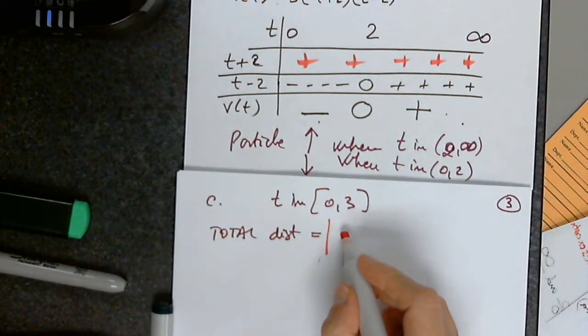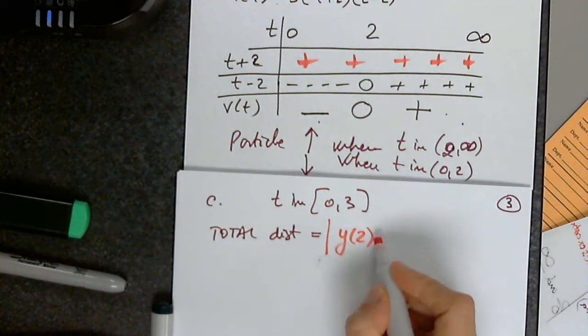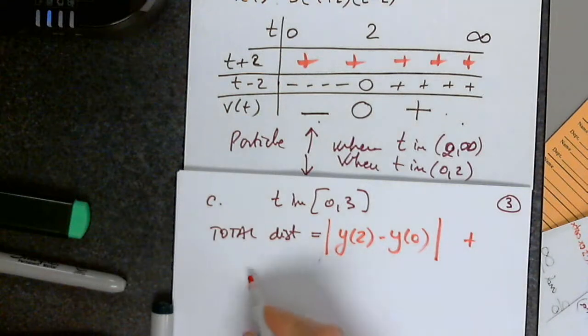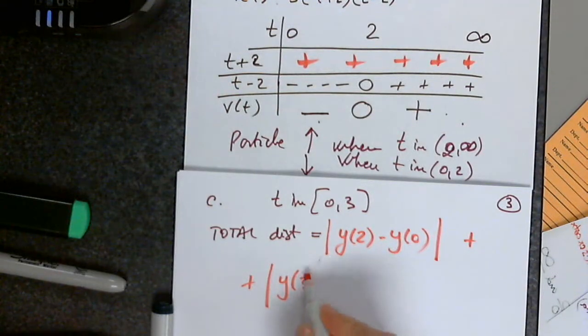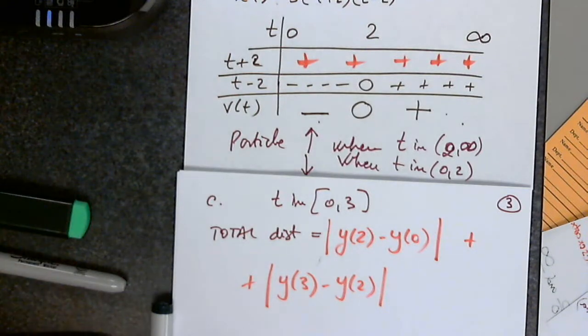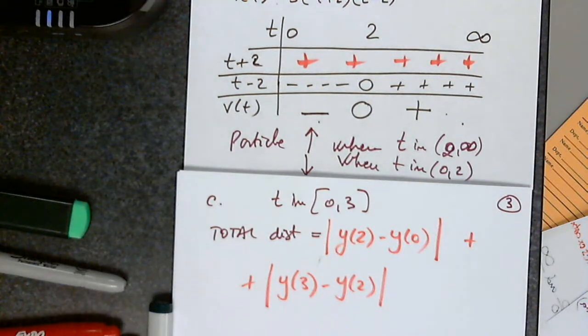Right? Yes. So I will have y of 2 minus y of 0 in absolute value plus y of 3 minus y of 2. And yes, I have to plug them in the function. So let's go here to y equals.